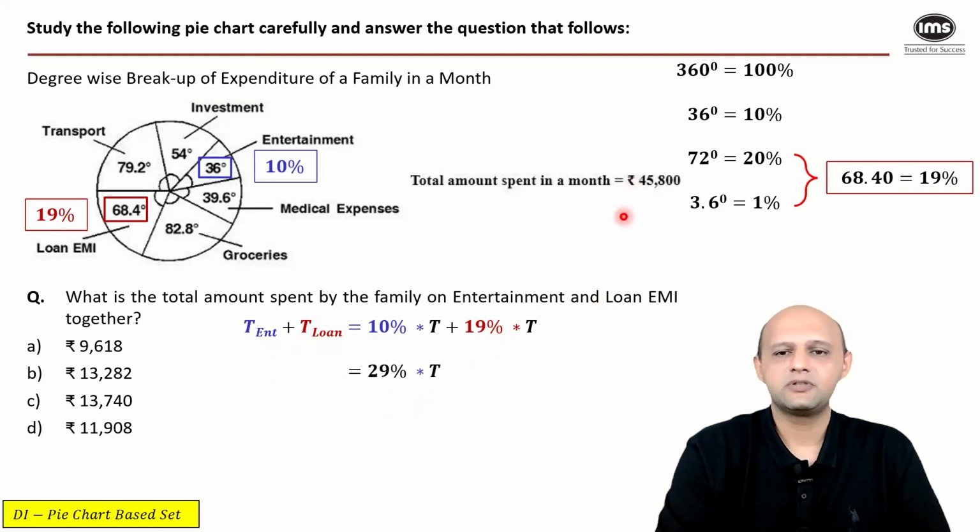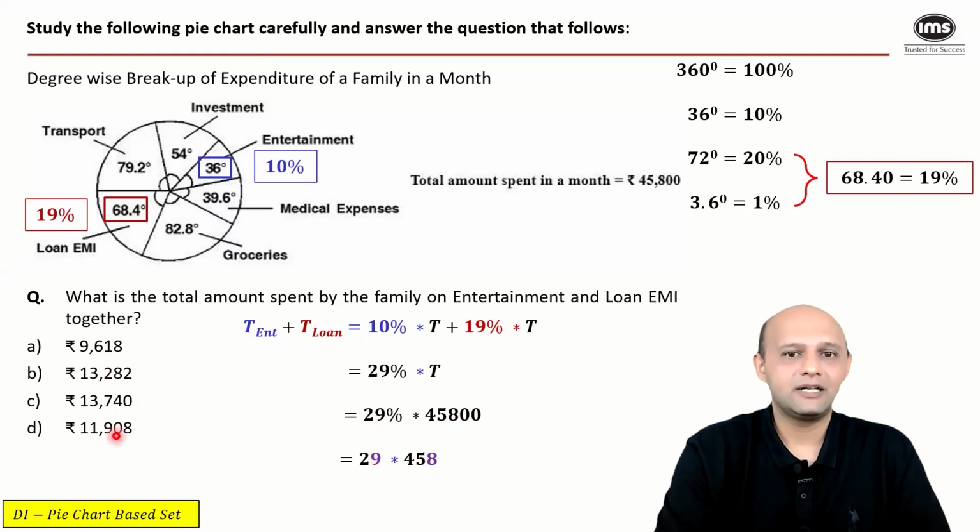So what is 29% of this total? This number is 45,800. If you observe this carefully, friends, are you really required here to calculate the exact value? No, not really, because this will cancel out to give you 29 times 458. Now 9 times 8 has a unit digit 2.